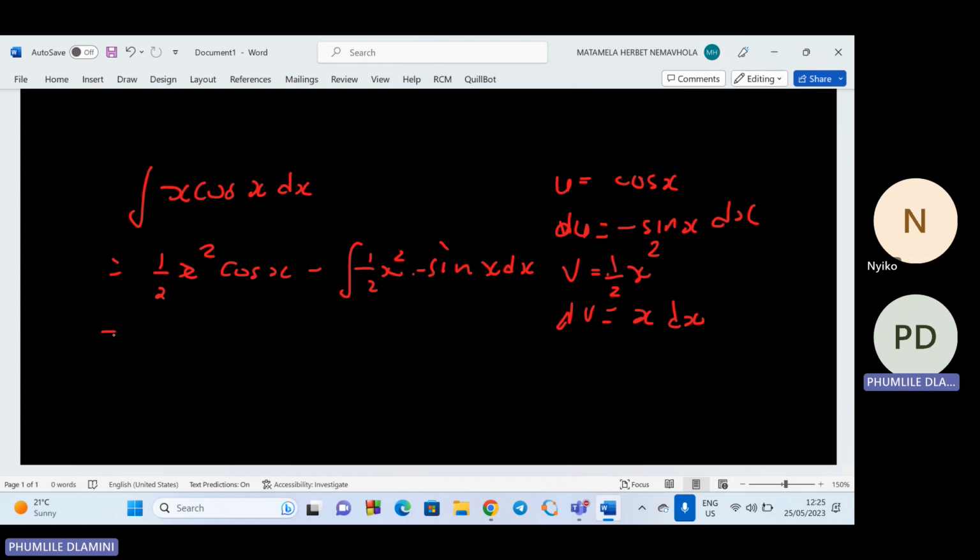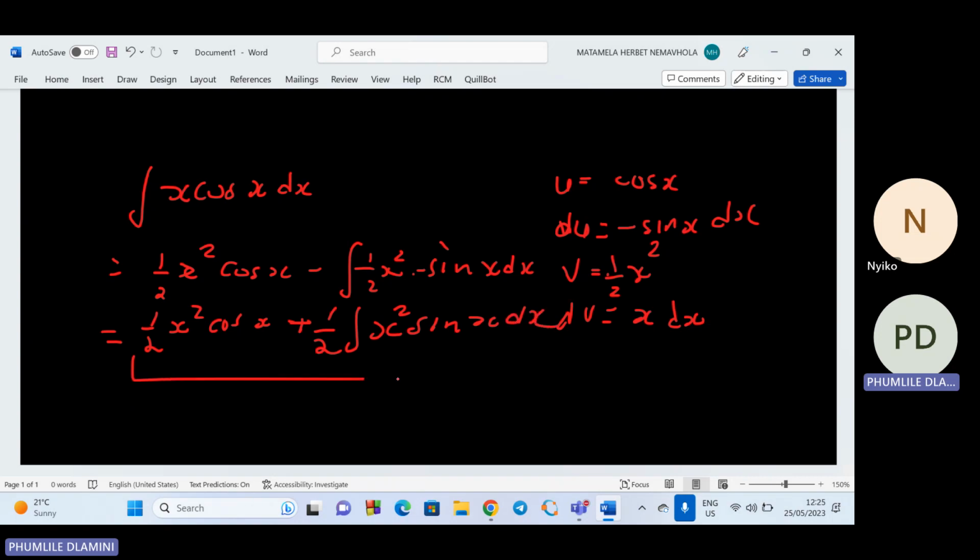So this is going to give us 1/2 x squared cos of x minus, which can change to plus 1/2, we take this negative outside, the integral of x squared sine x dx. So if you check here, we went the long way, where we still have to differentiate and differentiate until we get to the answer.